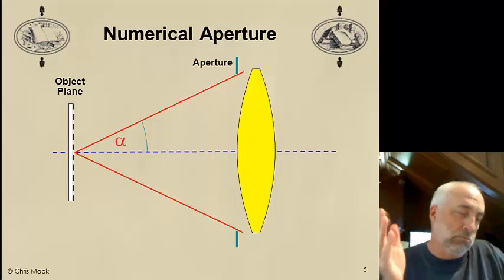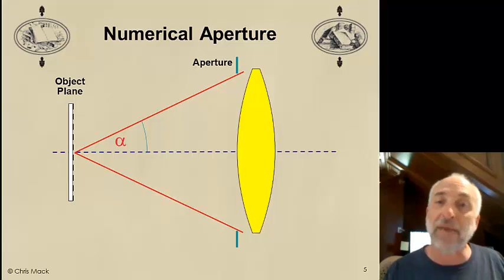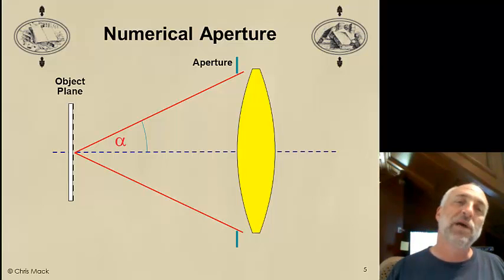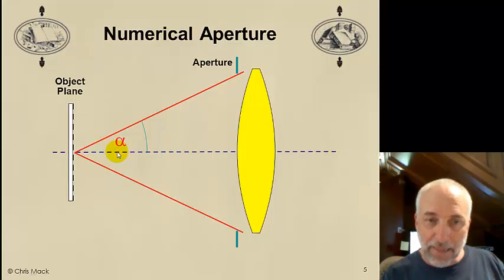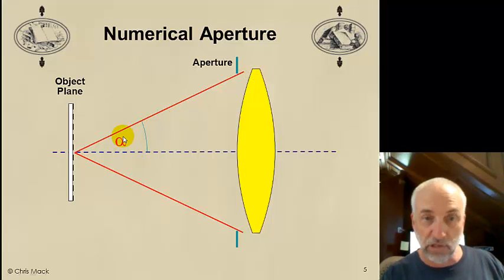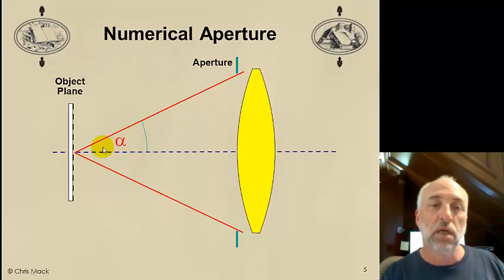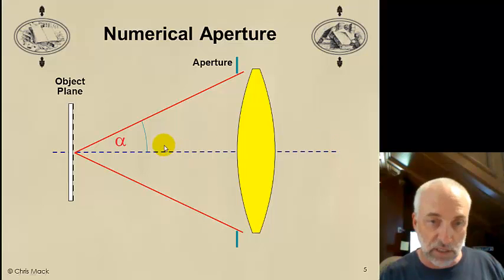We could just express the diameter of the lens, right? Well, that turns out to be not the most useful way of measuring the size of the lens. Instead, rather than specifying the diameter of the lens, I would like to specify the maximum half angle of light that can make it through this lens. We call that alpha. Half angle because it's measured with respect to the optical axis, this axis running right through the middle of the system.